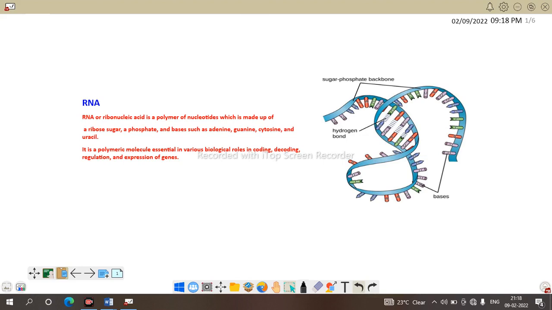DNA contains thymine; instead of thymine, RNA contains uracil. It is a polymeric molecule essential in various biological roles like coding, decoding, regulation, expression of genes, etc.